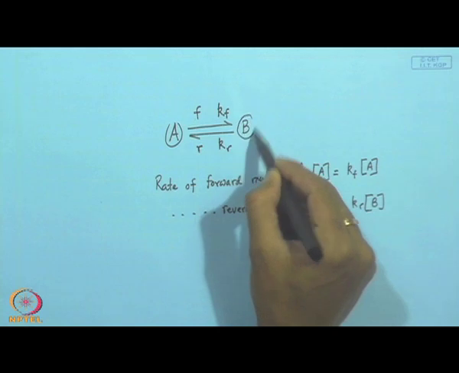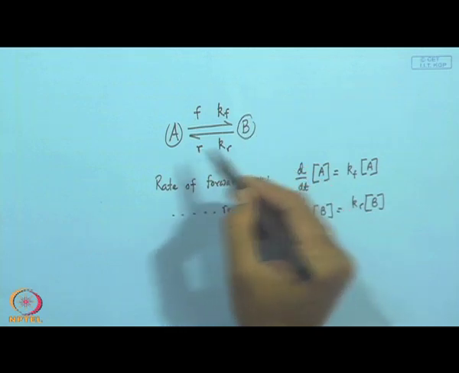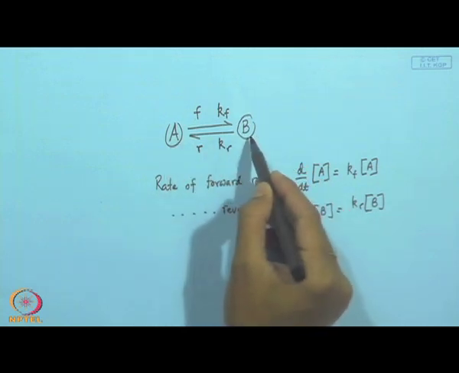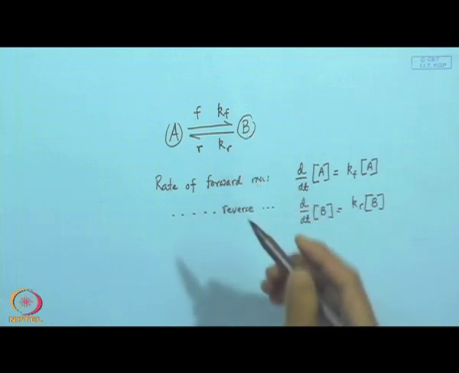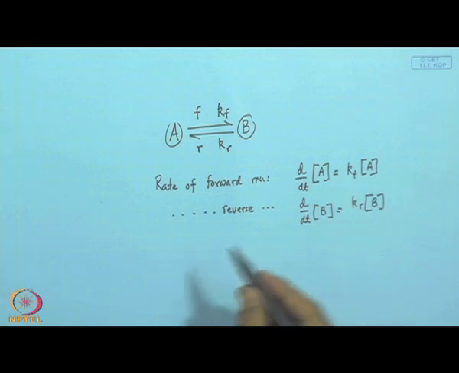So, what is happening at equilibrium? At equilibrium virtually there is no change in concentration. That means if we consider a particular constituent like A or maybe B, with time there is no change in the concentration of A or the concentration of B if equilibrium has been attained.